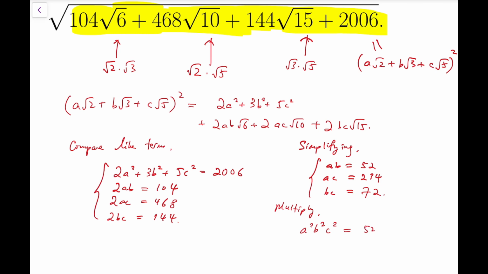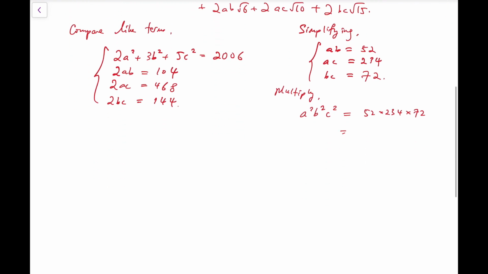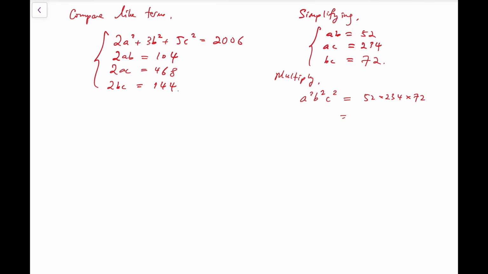Now the product is a bit more complicated, but we do not need to multiply to obtain the exact number because I can try to rewrite into a product of primes. 52 is 2 squared times 13, while 234 is 13 times 18, while 72 is 2 squared times 18. Of course, 18 can be further simplified, but we do not need to do that here. And simplifying, we'll have 2 to the 4 times 13 squared times 18 squared.